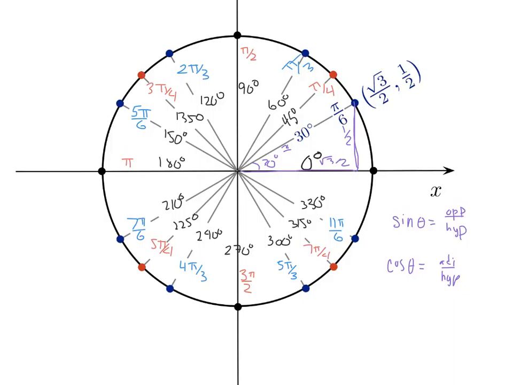Sine would be the opposite side, which is 1/2, over the hypotenuse, which is 1. 1/2 over 1 is 1/2. And the cosine is going to be root 3 over 2, right? Here is the pattern. The x-coordinate, that's always the cosine, and the y-coordinate, that's always the sine. Do you see that? Okay, and this comes from these right triangle things.